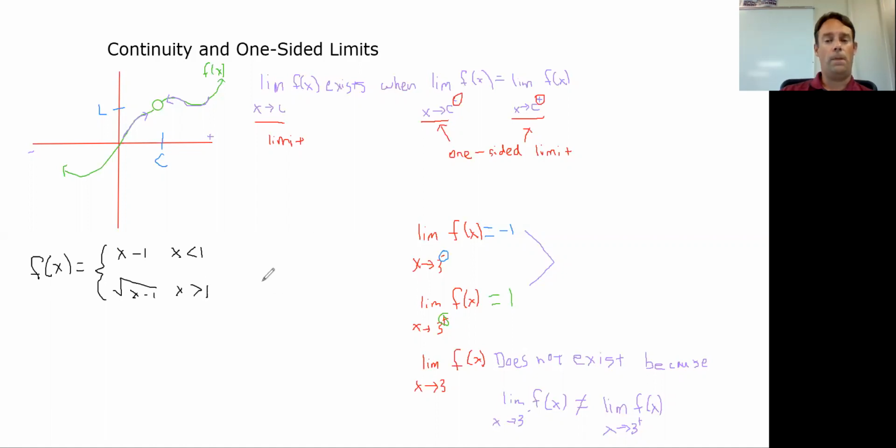So here's what I want to know. I would like to know the limit as x approaches 1 from the negative side. I'd like to know the limit as x approaches 1 from the positive side.